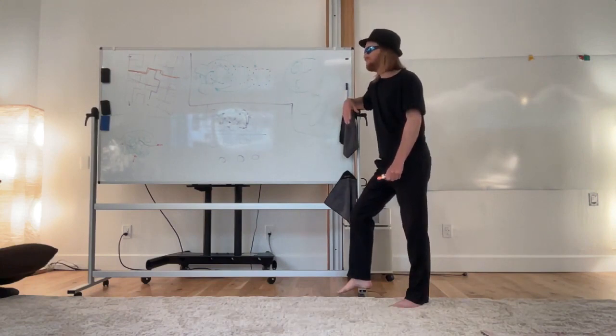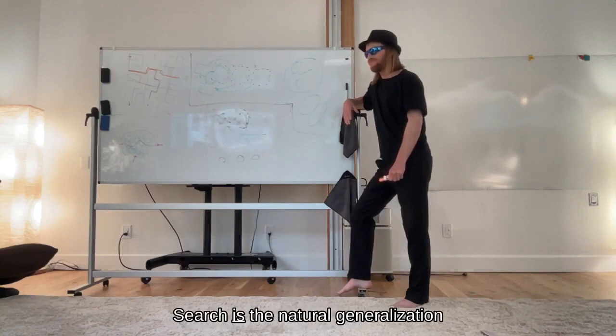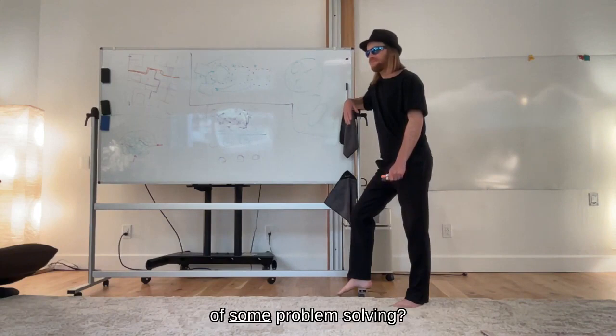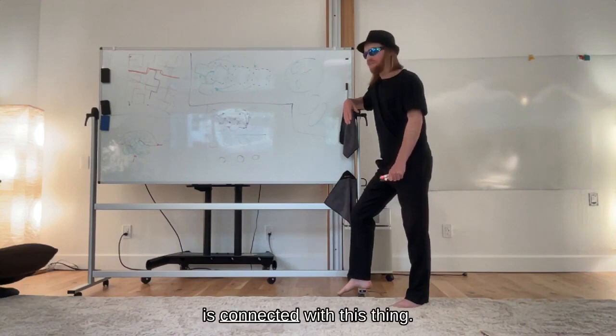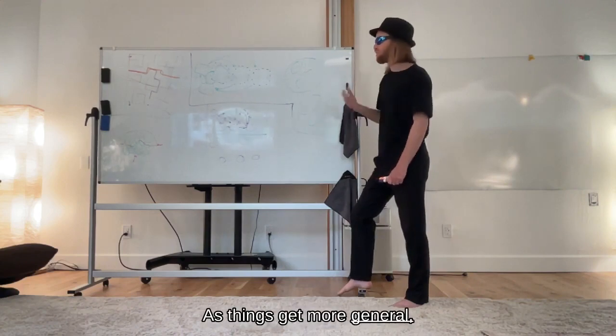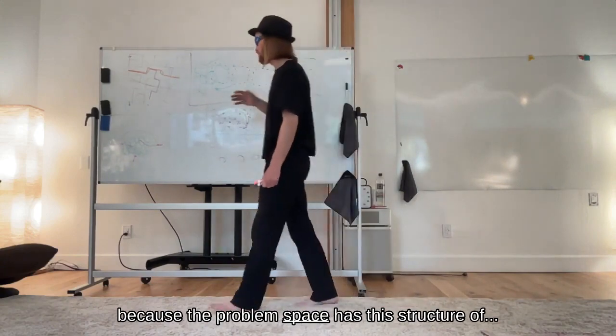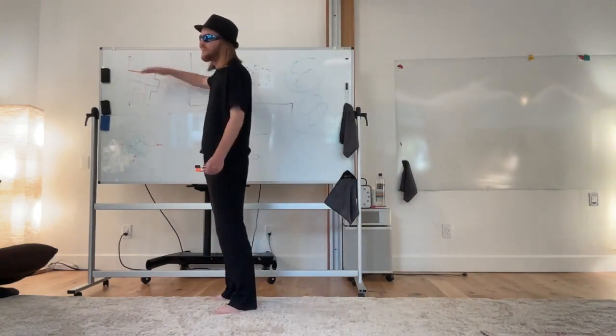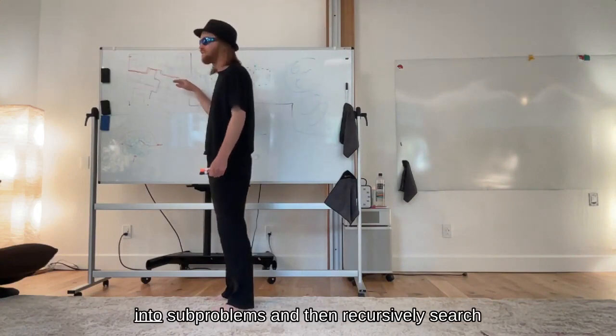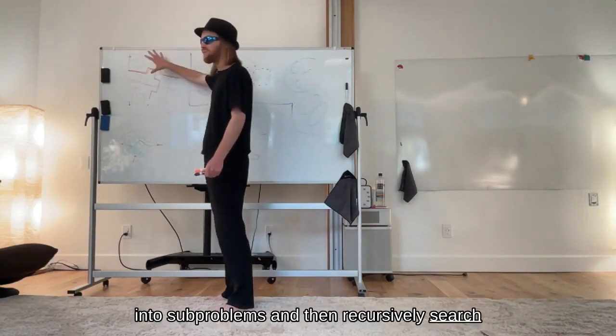Yeah. But okay, so search. You're saying search is the natural generalization of some problem solving. Yeah, so you start with simple reflexes, where this thing is connected with this thing. As things get more general, because the problem space has this structure, or insofar as it's solvable at all, has this structure where you can break stuff into subproblems and then recursively search on those subproblems.